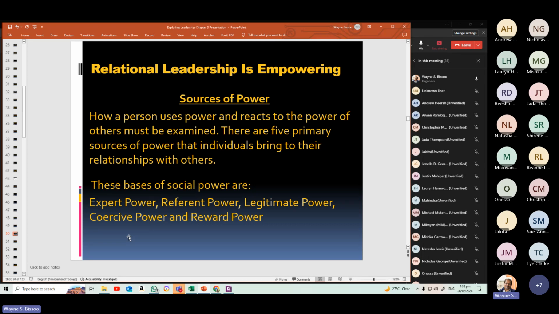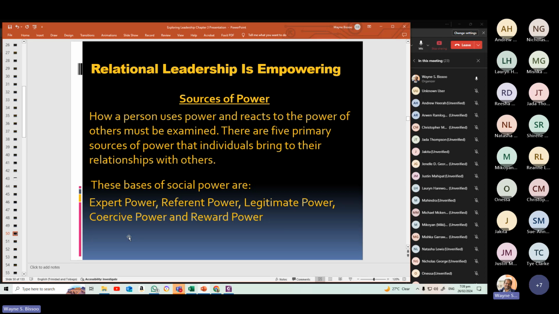Legitimate power is the power that your position gives you. So if you're the supervisor, then there's a legitimate amount of power that you're given. If you're the CEO, so on, that type of stuff. That power gives you the opportunity to exercise the next two powers, interestingly enough, which is coercive power. That is power to punish people.